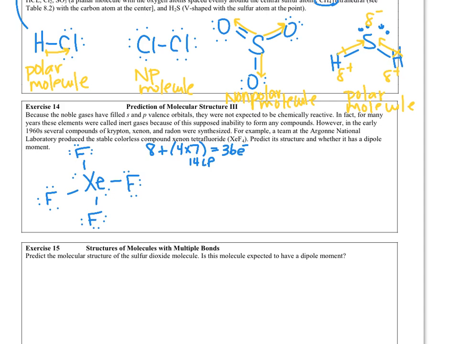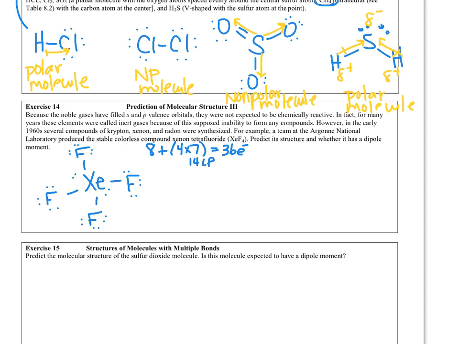And xenon already has an expanded octet with this structure, so we wouldn't double bond or anything like that. This gives it 6 valence. It's probably happy with that. If we checked formal charge, we probably could do a different structure, but those halogens really do not prefer double bonds. They prefer single bonds. So this is probably a more stable structure.